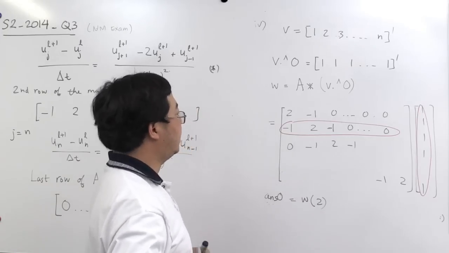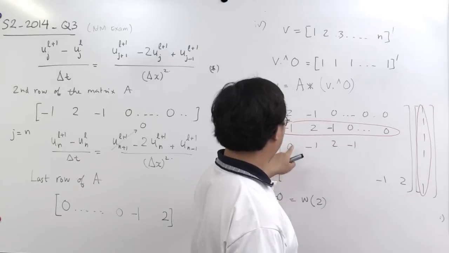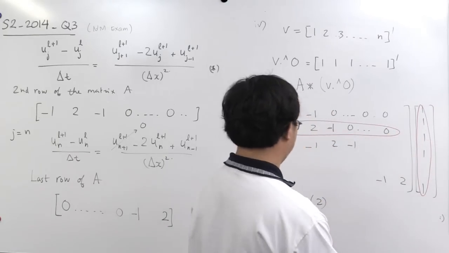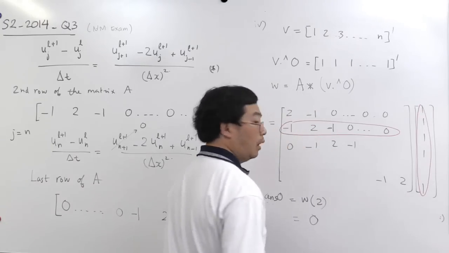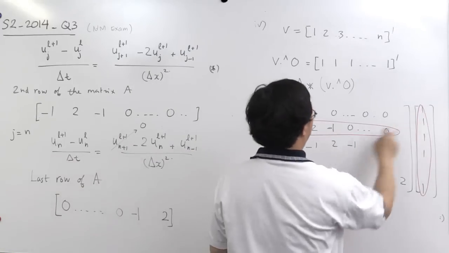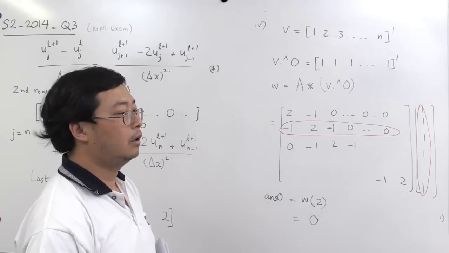Now you see it is easy. You just take minus 1 multiplied by 1, 2 multiplied by 1, minus 1 multiplied by 1. So that just gives you 0, because you got minus 1, then 2, then minus 1, which gives you 0.